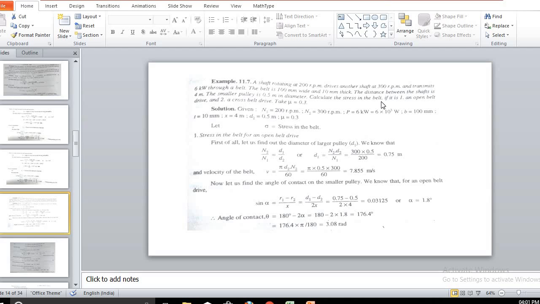So for the stresses in the belt, we have formulas. We observe the creep formula, which has the stress value sigma, and also the maximum tension in the belt, which we can calculate as sigma bt.